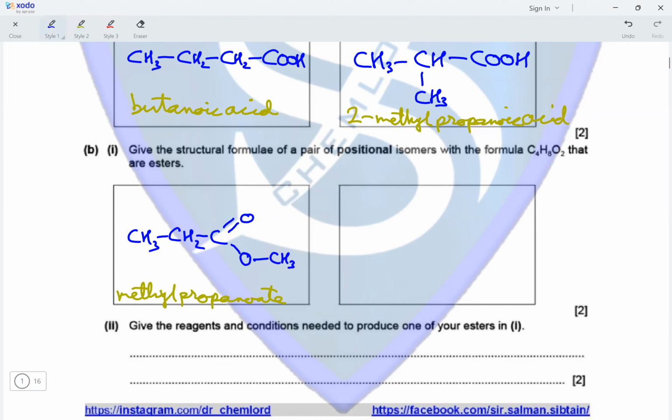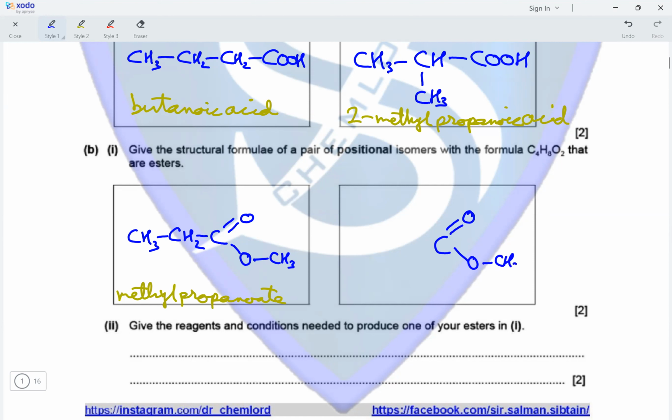In its positional isomer, we will switch the position of the ester group so that there are more carbon atoms on the alcohol side and fewer than 3 carbon atoms on the carboxylic acid portion. So C double bond O single bond O stays here.